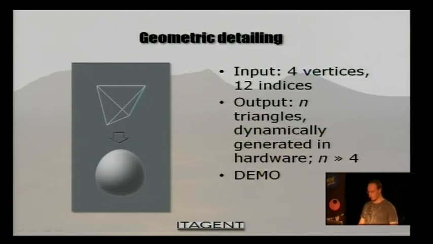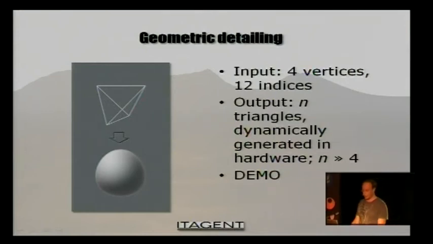It's very flexible because there's a choice of multiple tessellation partitions, such as integer partition, which divides the edges into integer divisions, so that they don't seam between each other so much.